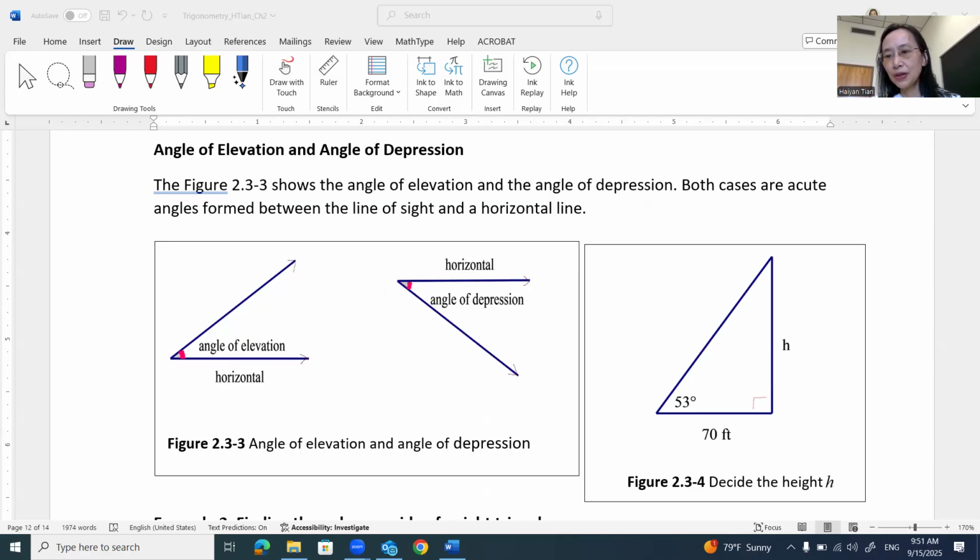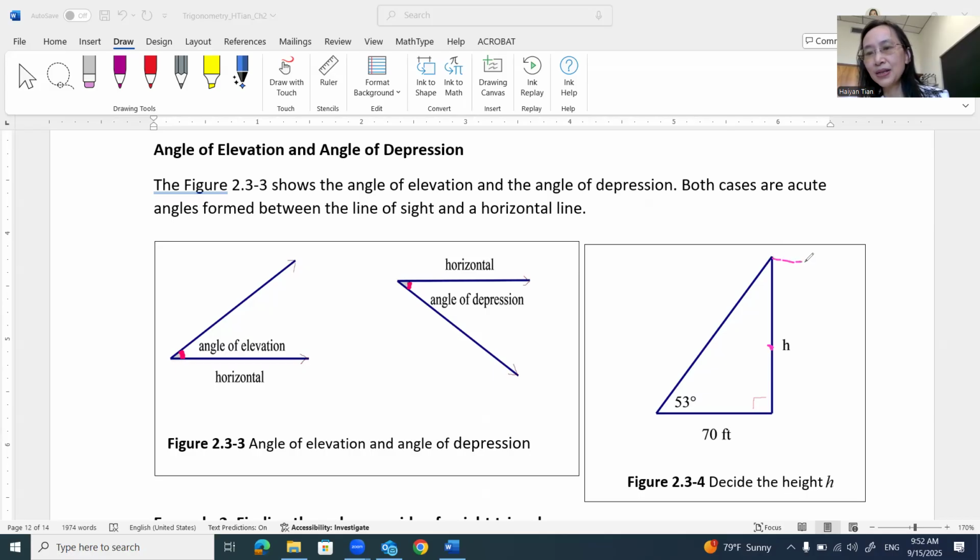Now, suppose you know the angle of elevation, then you can always form a right triangle in real life problems. So let's see. Suppose in this picture H is the height of a certain building.